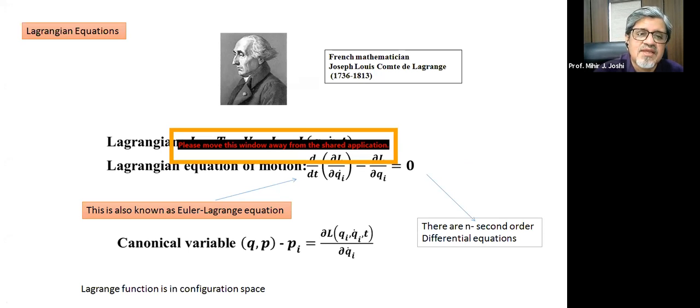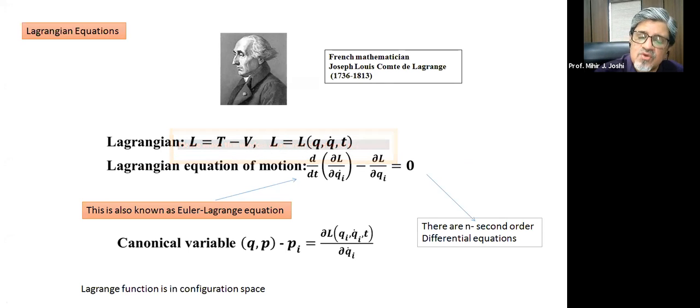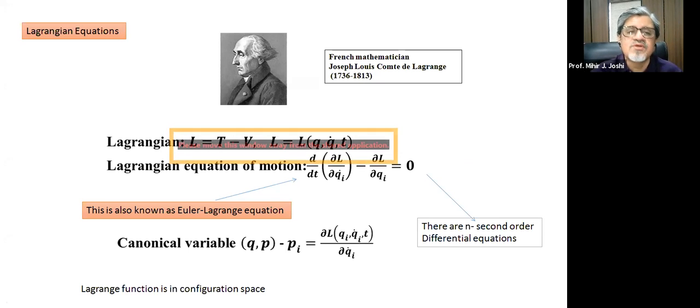Then we have written here the Lagrange equation of motion. So it is represented as d by dt of del L by del q dot i, minus del L by del qi, is equal to 0.